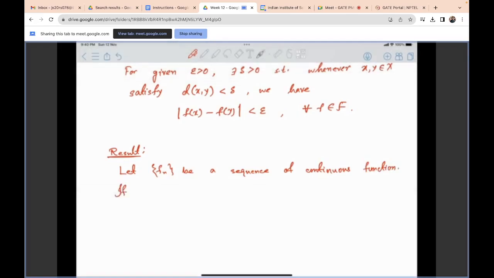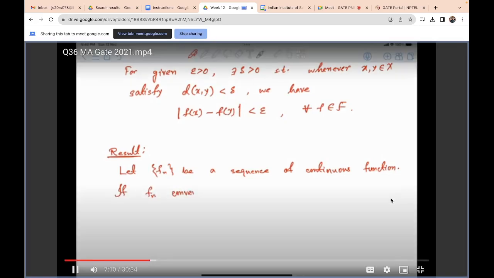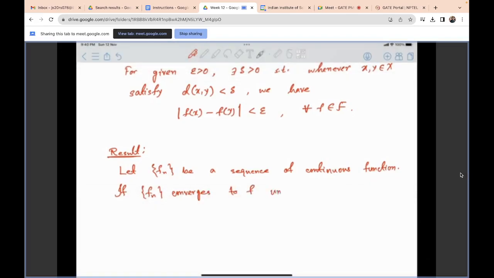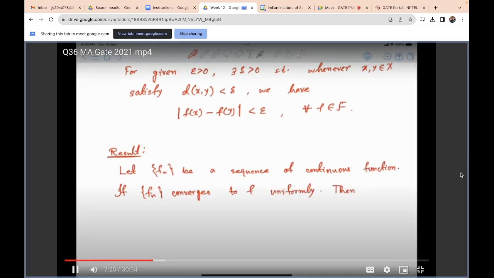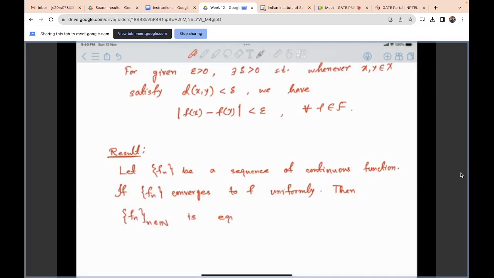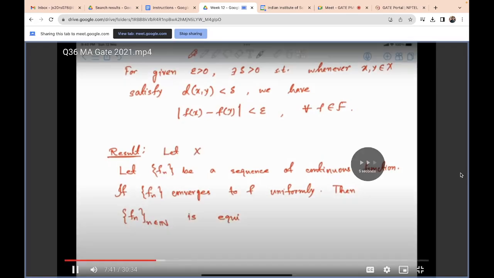If fn converges to f uniformly, and X is a compact metric space, and this is on X.